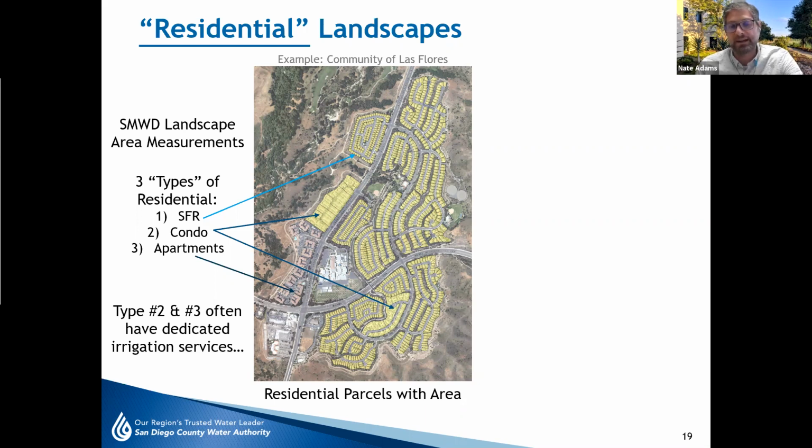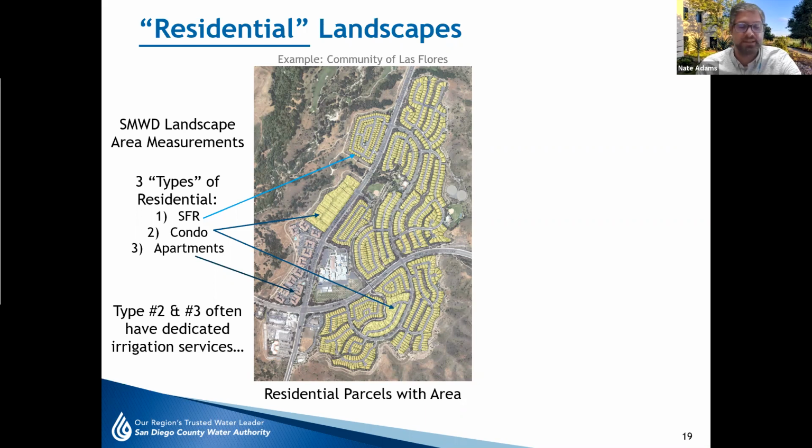I imagine there are some billing systems that use land use codes, but from what I know of and have been exposed to in the water utility world, most billing systems do not align with land use codes. So what that means is that the type 2 and 3, those condos and those apartments, typically have dedicated irrigation meters that are irrigating the common areas throughout those developments or sub-developments.